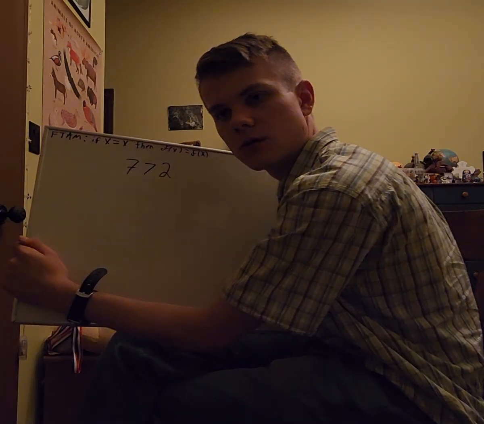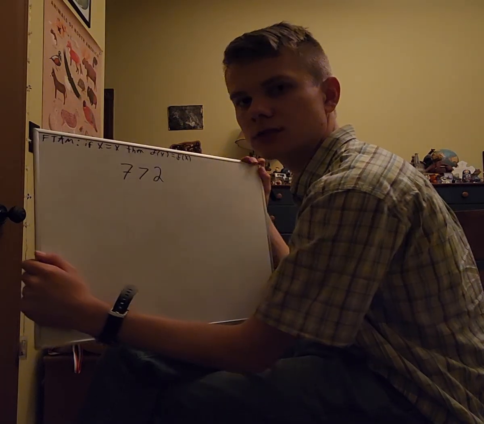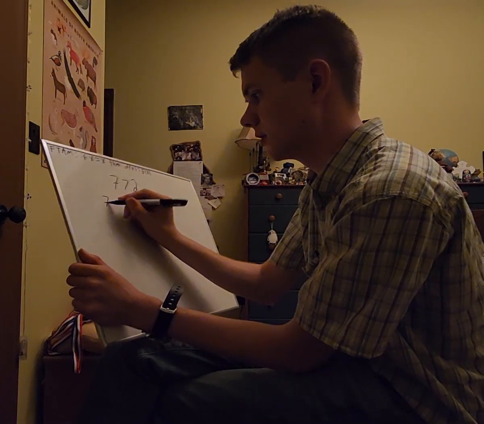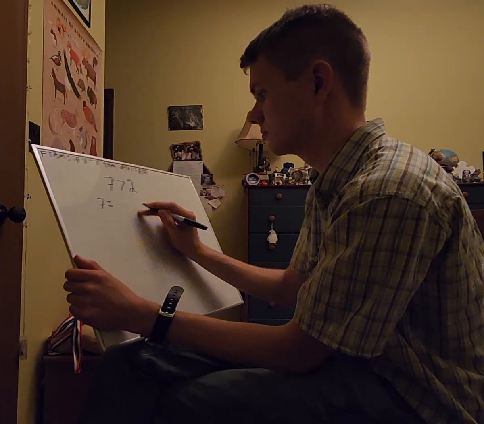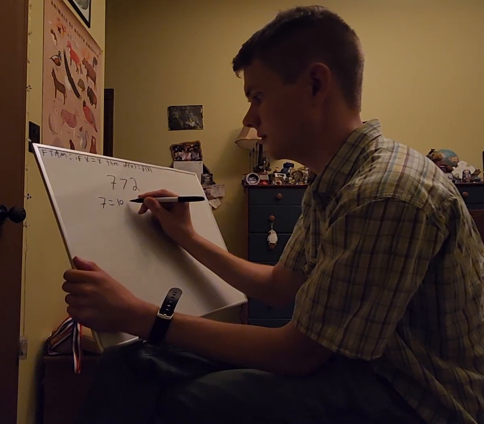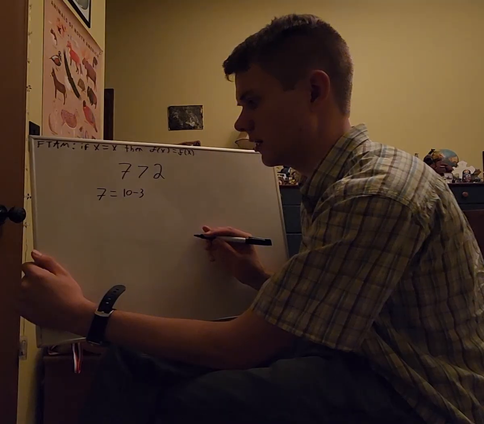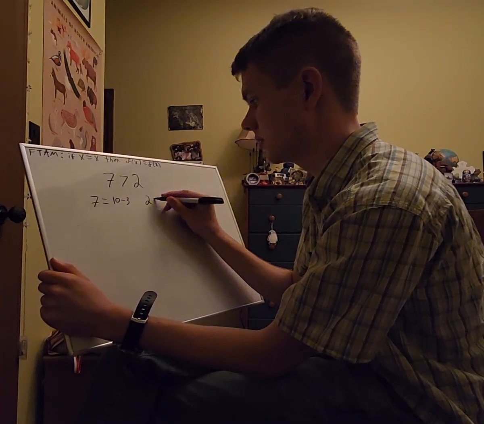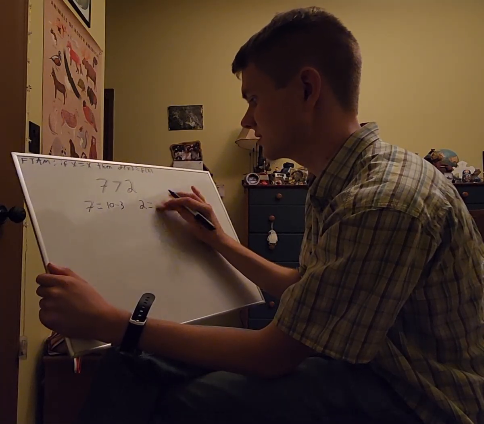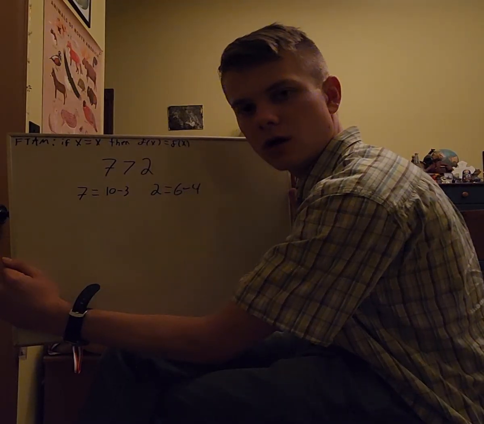Well, now what's 7? 7 is equal to 10 minus 3, right? And 2 is equal to 6 minus 4, right? Both these things are true. Let's say x was equal to 3.